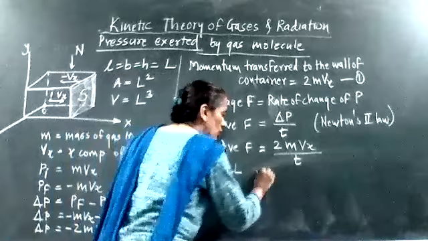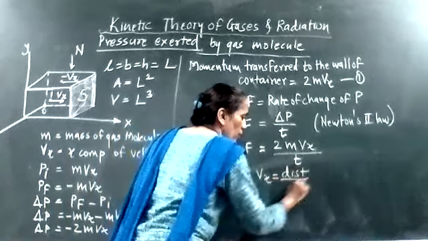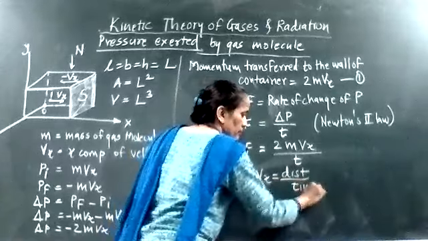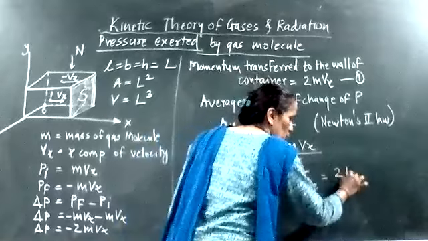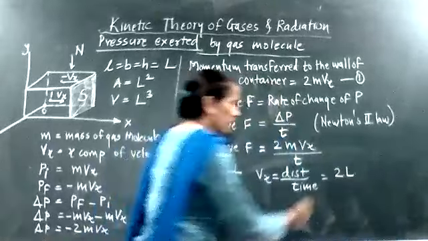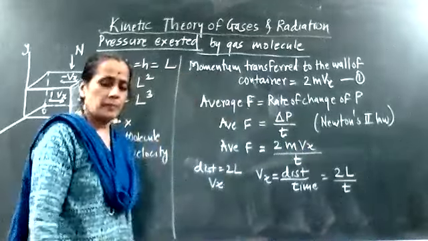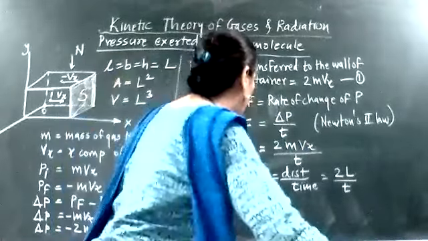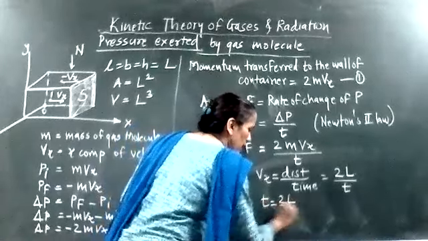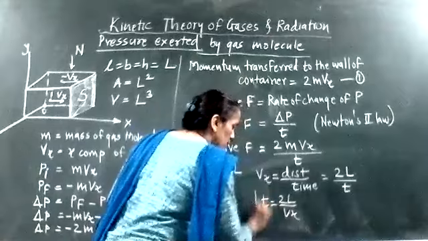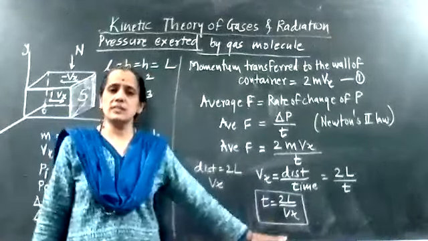Therefore, from the definition of Vx, Vx is equal to distance upon time. The distance traveled in two successive collisions is twice L, divided by the time required, small t. So time t is nothing but twice L upon Vx. This is the time taken by the particle between successive collisions.